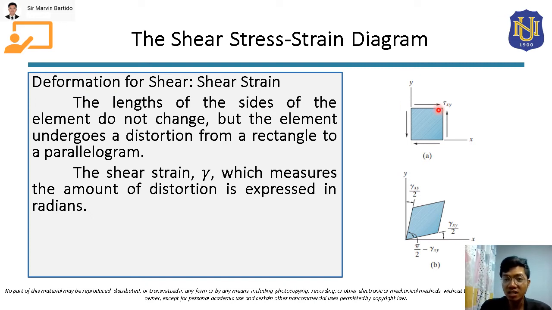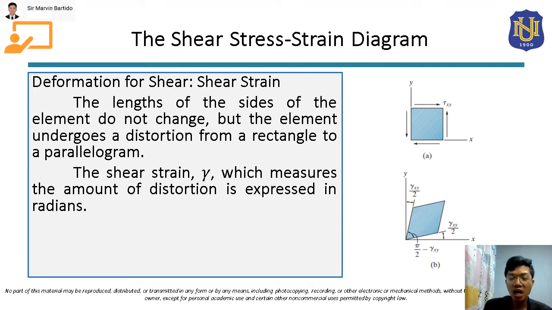So let's say this is originally a rectangle, but upon application of shear stresses, this rectangle will be distorted into a parallelogram. The change in angle here will be gamma, distorted here and here, so this will be gamma over 2 here and gamma over 2 here.